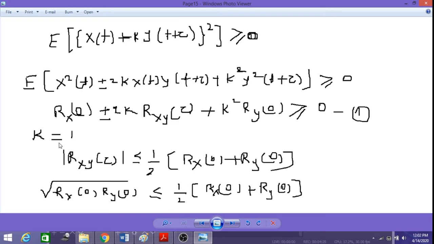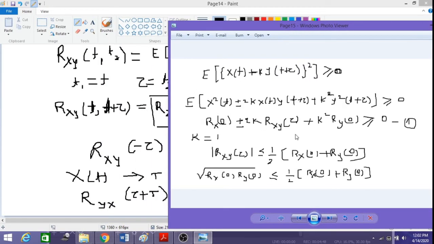If we consider the first case where k is equal to 1, then we get the bounding relation as Rxy(tau) is less than or equal to half of Rx(0) plus Ry(0). And if you apply k equal to 2, then we get the next case.